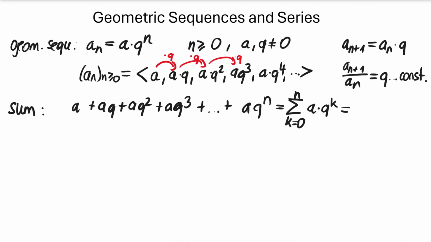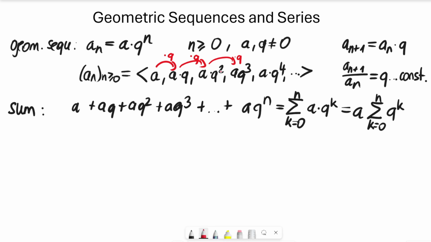Some people don't like this a inside, and they pull it out, and you write the sum of the geometric sequence like that. It's also possible. Some start counting at 0 and write it extra and so on. There are different forms. Please be careful and always check how it looks.